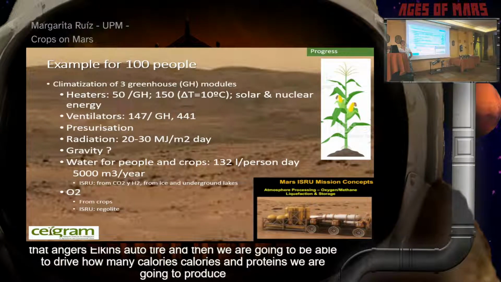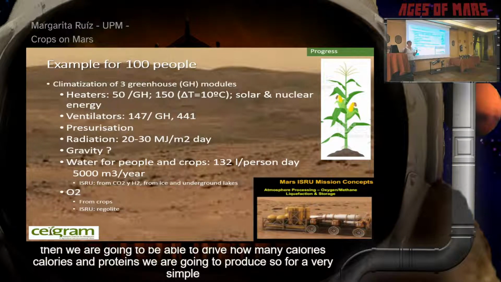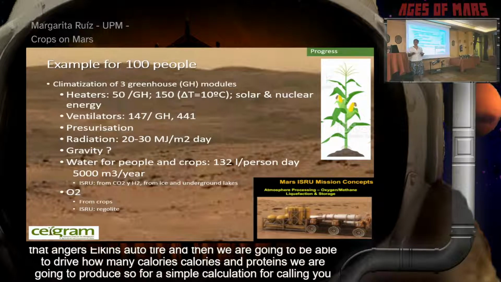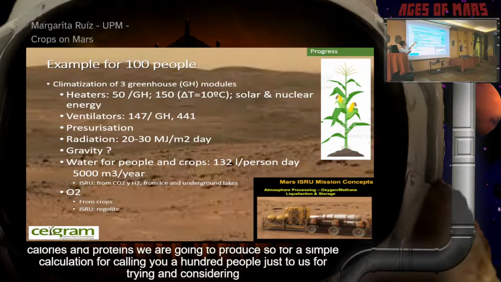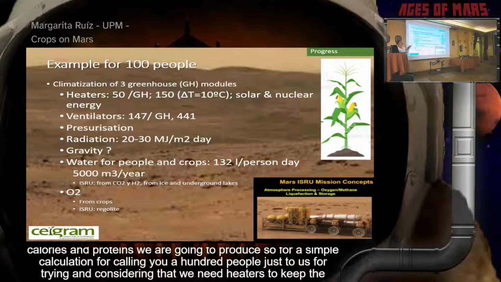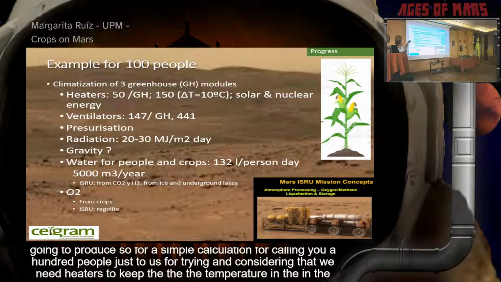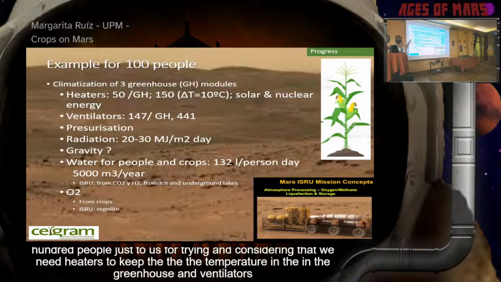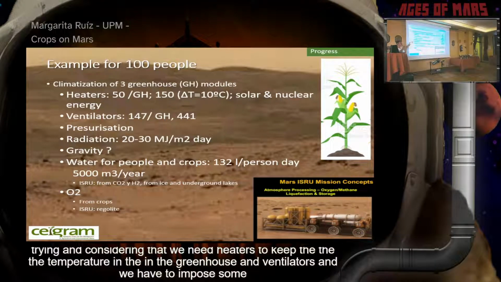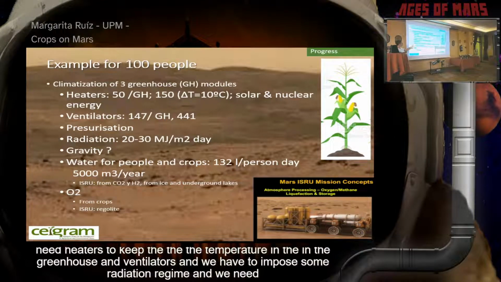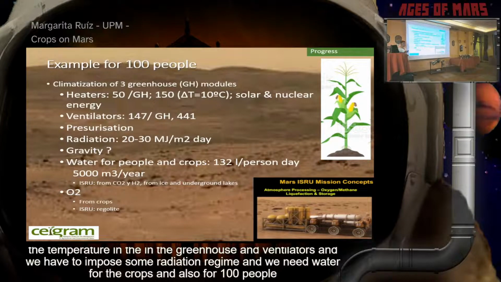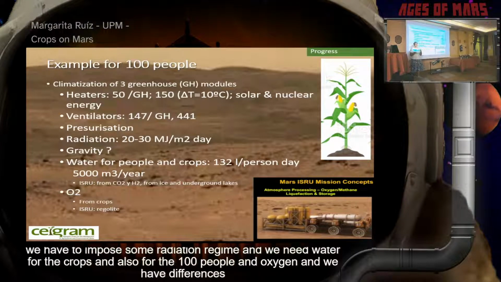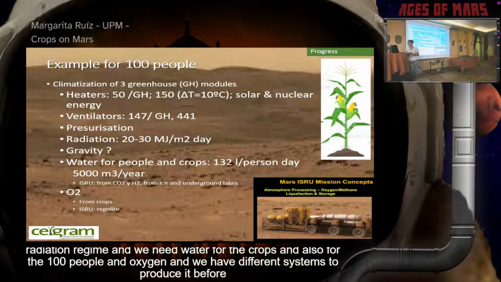So for a very simple calculation for a colony of 100 people, just for trying, and considering that we need heaters to keep the temperature in the greenhouse and ventilators, and we have to impose some radiation regime, and we need water for the crops and also for the 100 people, and oxygen, and we have different systems to produce it in addition to the crop.